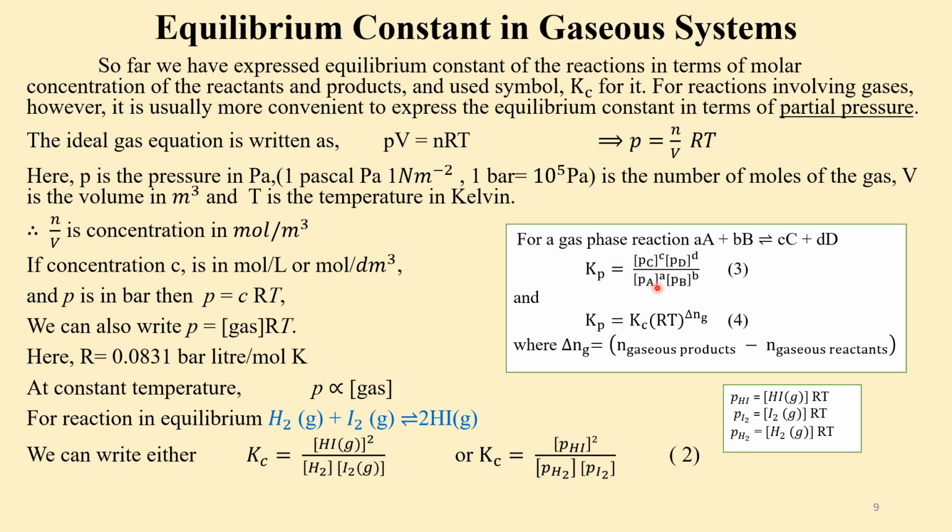This can be simplified and written as Kp equals Kc into RT to the power of delta Ng, where delta Ng is the number of moles of gaseous products minus the number of moles of gaseous reactants in the balanced chemical equation.